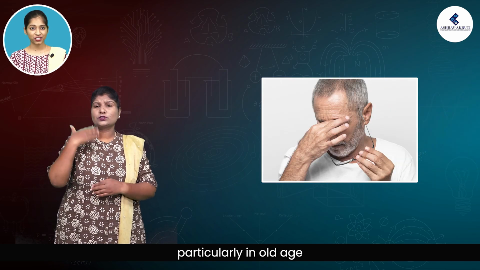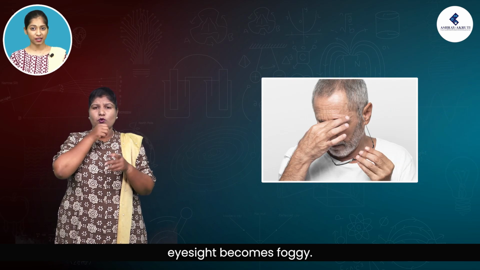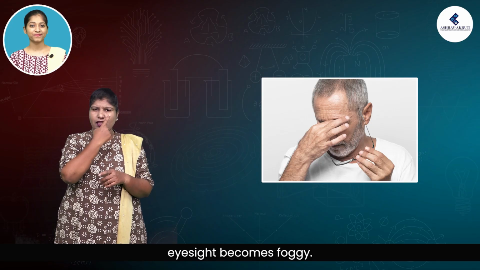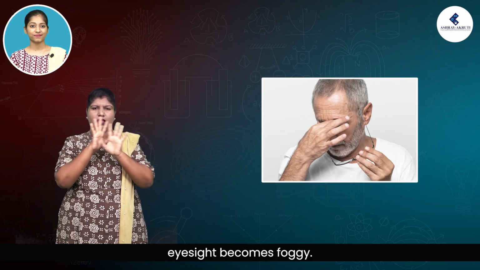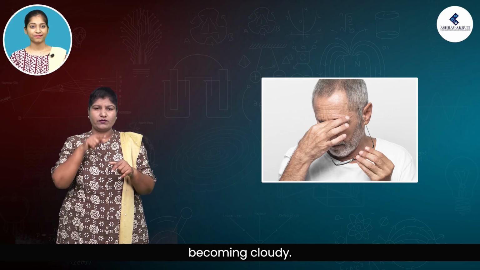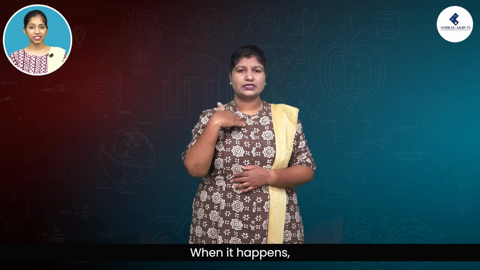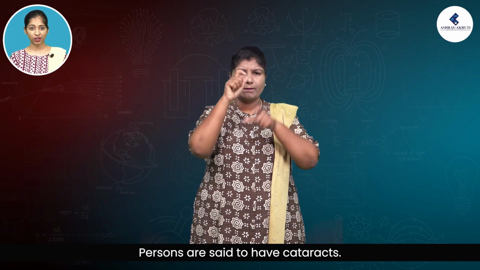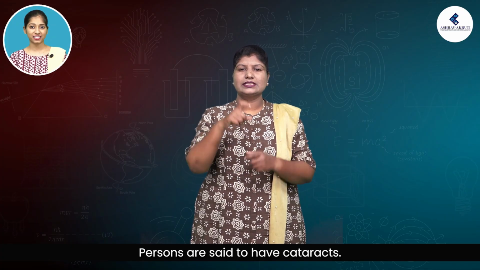Sometimes, particularly in old age, eyesight becomes foggy. It is due to the eye lens becoming cloudy. When it happens, persons are said to have cataracts.